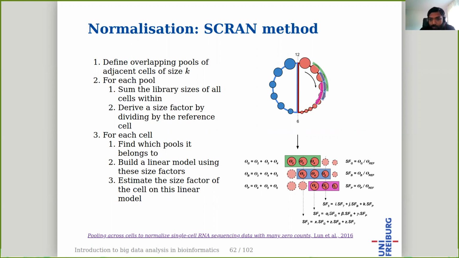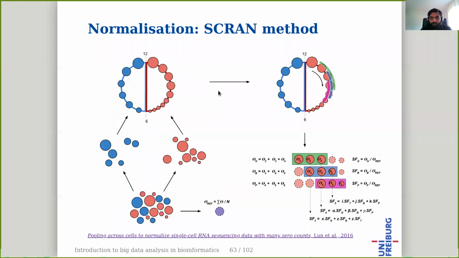So the linear model is built like alpha times the size factor for this pool, beta times the size factor for the second pool, and then gamma times the size factor for this one, because this cell is present in all these 3 pools. Now all the size factors are computed for each cell, and these are used for the normalization. So this is how the pooling normalization works.